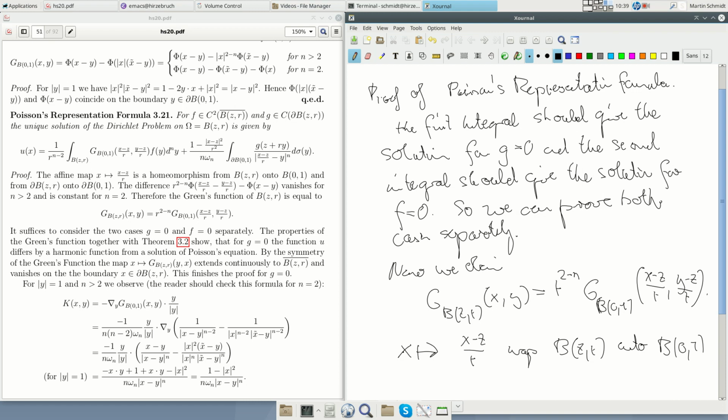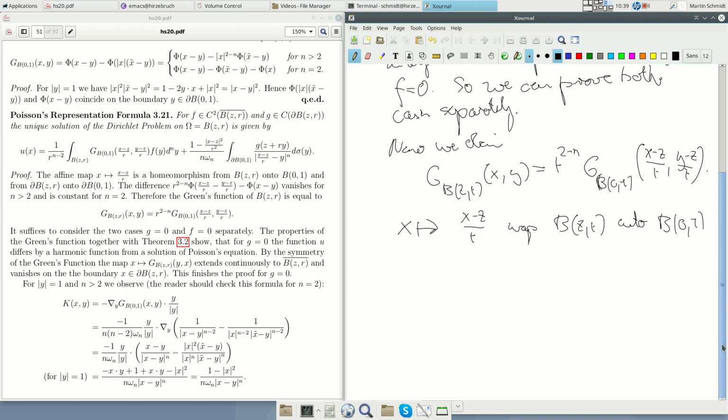If the difference to z is smaller than r, then this here is smaller than 1. And clearly this is the inverse map. The inverse map is easy.